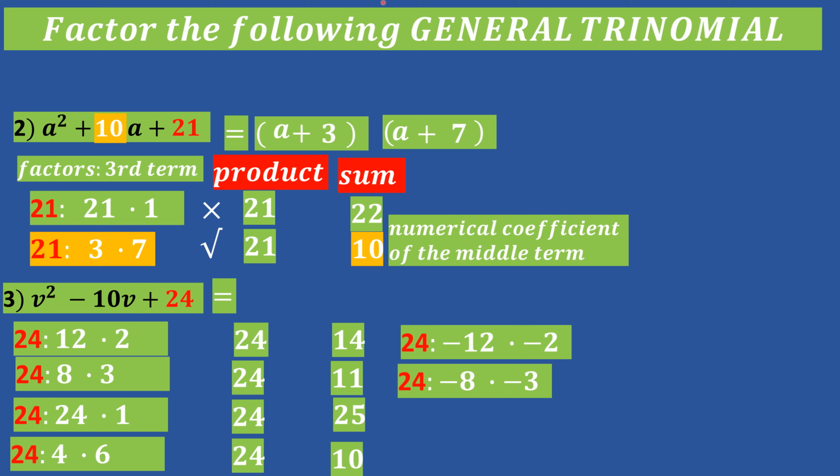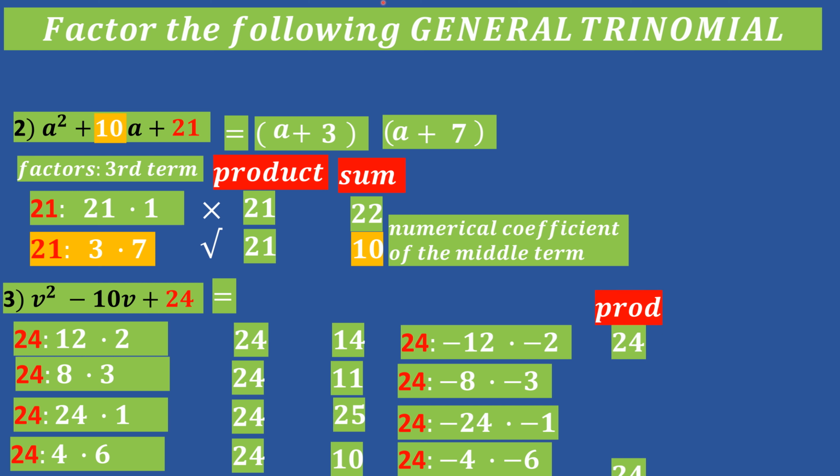We can have the negative equivalents. Negative 12 times negative 2, negative 8 times negative 3, negative 24 times negative 1, and negative 4 times negative 6, all of them give us a product of 24.